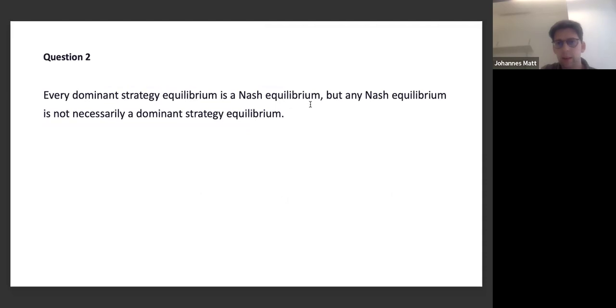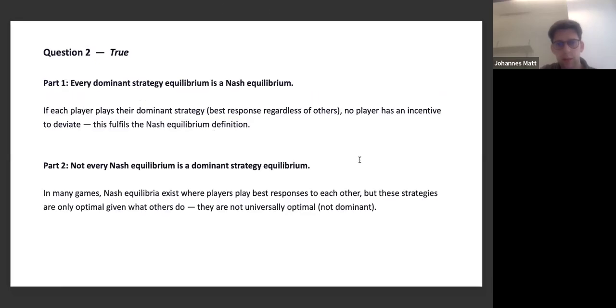That is correct. Now, the question is whether any Nash equilibrium is in fact a dominant strategy equilibrium, right? And that is not true. Why is that not true? Well, the strict definition of the Nash equilibrium is that the strategy that I am playing is a best response to what everyone else is playing, and so that's not necessarily independent of everyone else's choices, right?